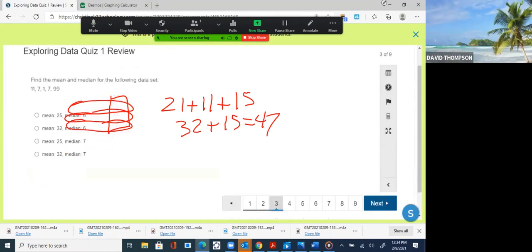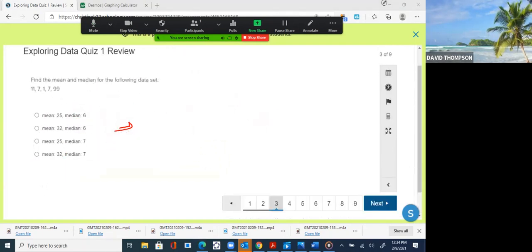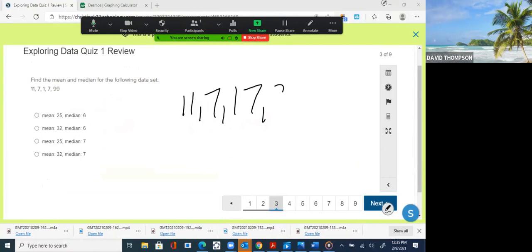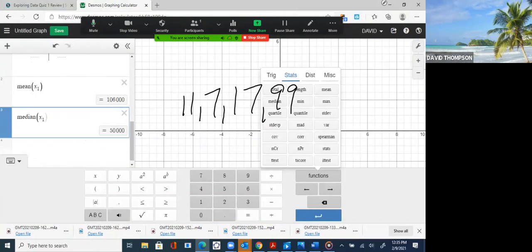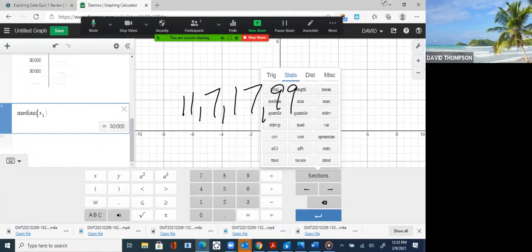Next. So find the mean, median, and mode for the following data set. I'll write them down so I can do these quickly in Desmos. 11, 7, 1, 7, and 99. We're going to go to our Desmos graphing calculator. Let's clear out everything else we put in.